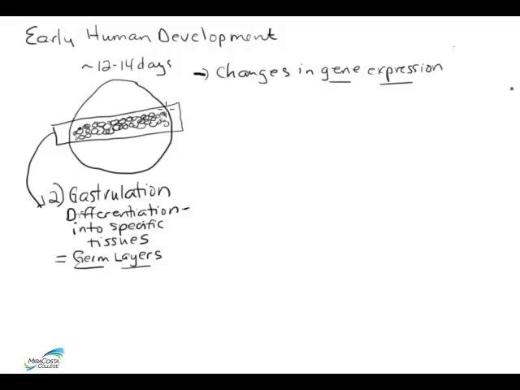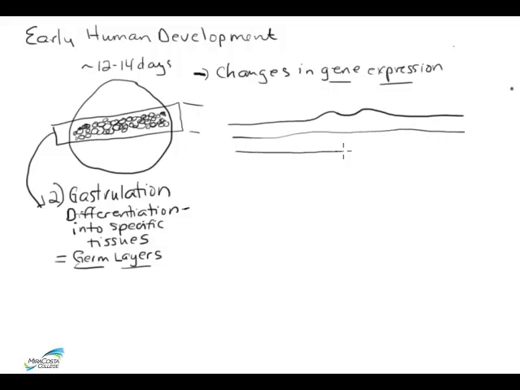the germ layers. So if we zoom in and look at this layer of cells in this little embryonic disc in a little bit more detail, we would see something that would look kind of like this in that flattened disc. So you'd see 3 layers of cells, a top layer, a middle layer, and a bottom layer.